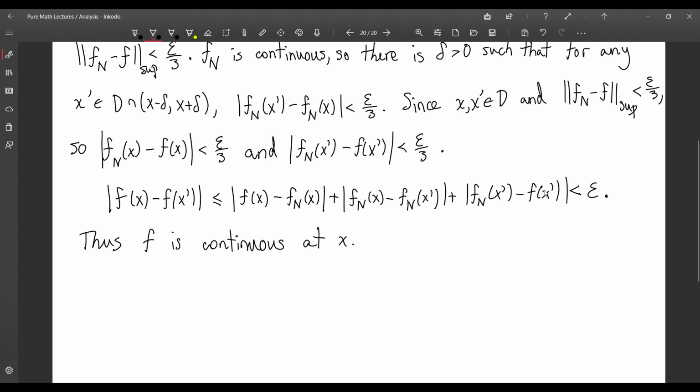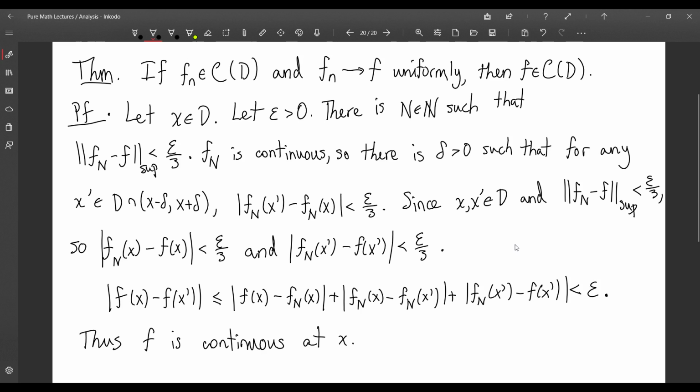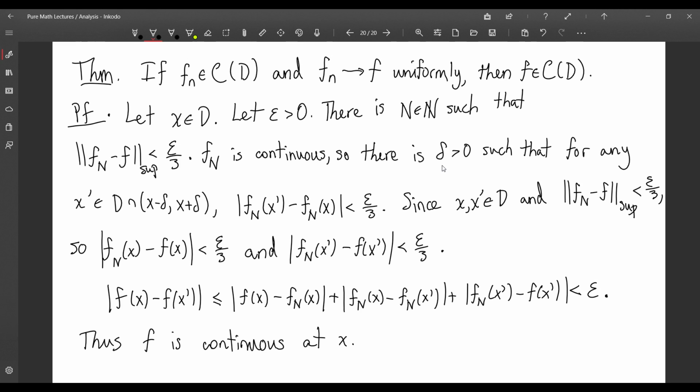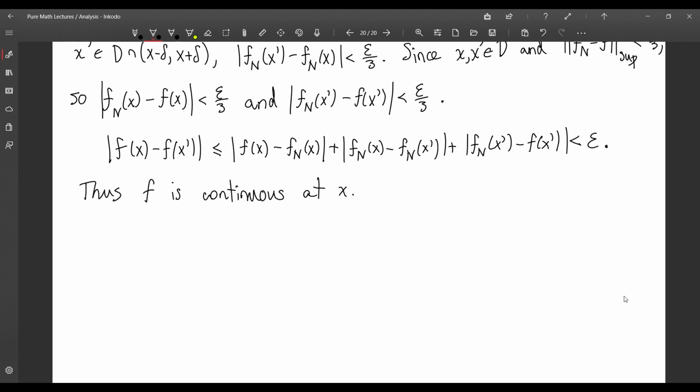Because epsilon was arbitrary, we showed that there is some delta such that for any x prime, which is in our domain and within delta of x, the difference between f of x and f of x prime is less than epsilon. And that concludes the theorem.